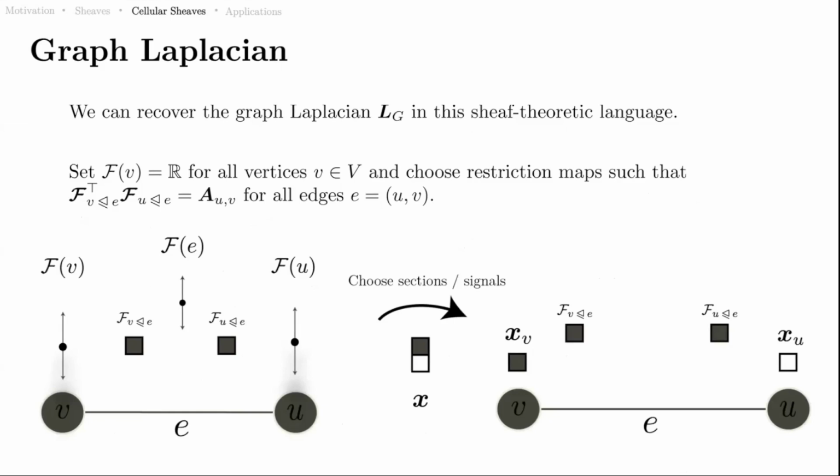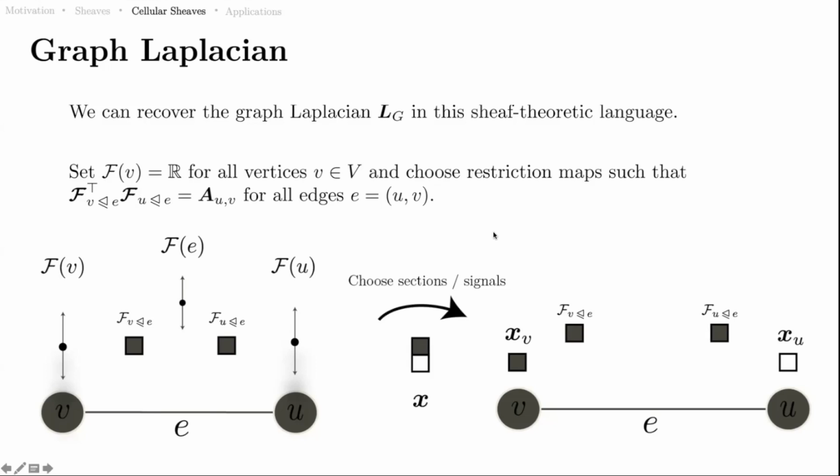If we take our vector spaces over our nodes to be just the one-dimensional reals, and choose our restriction maps such that they give us back a weighted adjacency matrix, so if we have a graph with a weighted adjacency matrix, we can very easily find what these restriction maps have to be, which would give us this weighted graph structure.